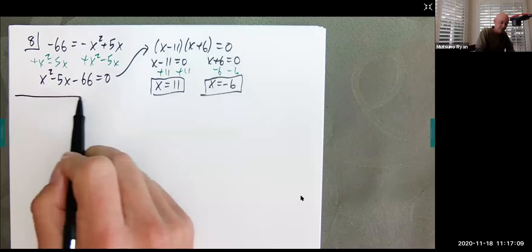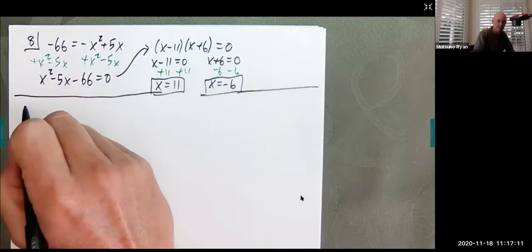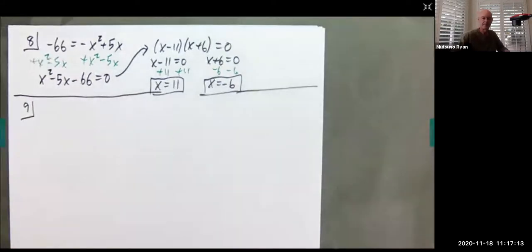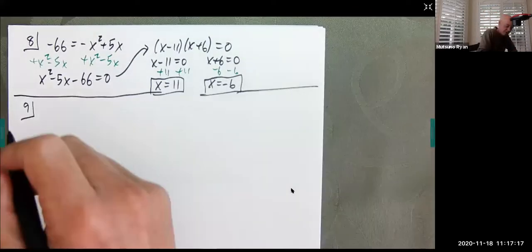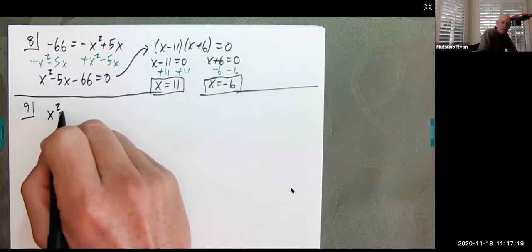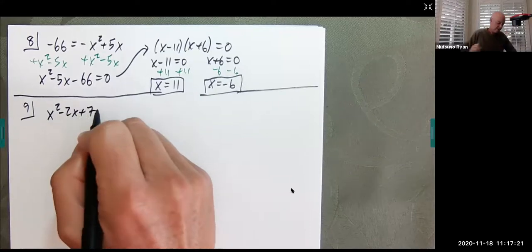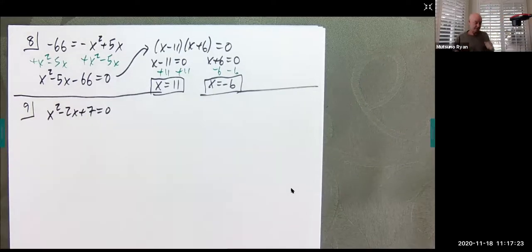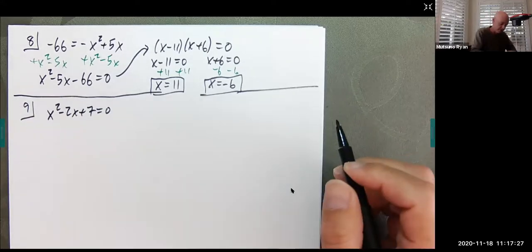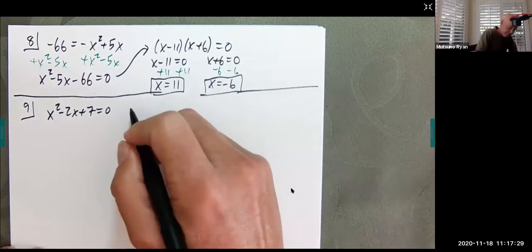Next up, we have number 9. And we have another quadratic. And for this one, we're going to use the quadratic formula again. This one should be a little simpler, but we're going to have a little surprise here.